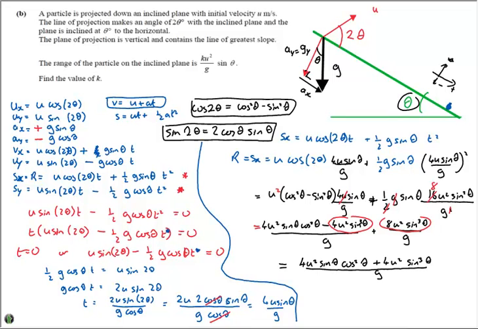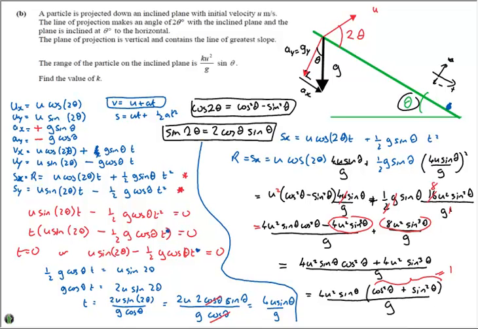Now, if we just factorise out at the top, we'll see we have 4u squared. If I take 4u squared sine theta out, I have cos squared theta plus sine squared theta. This is all over g. And you'll notice that cos squared theta plus sine squared theta is equal to 1. It's one of our main trigonometric identities.